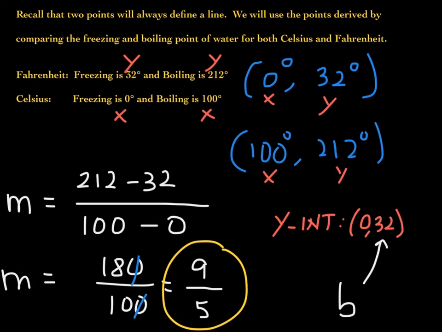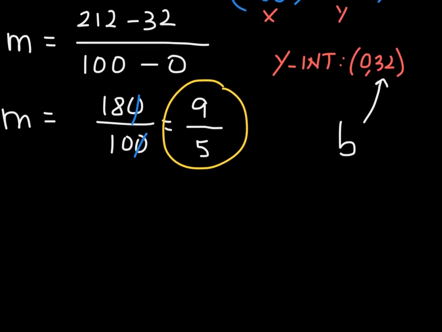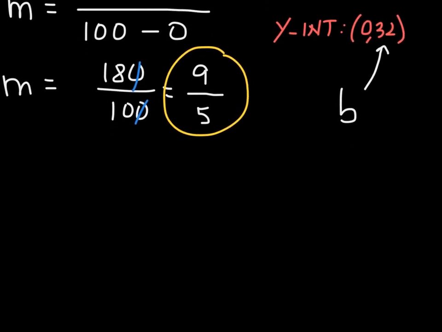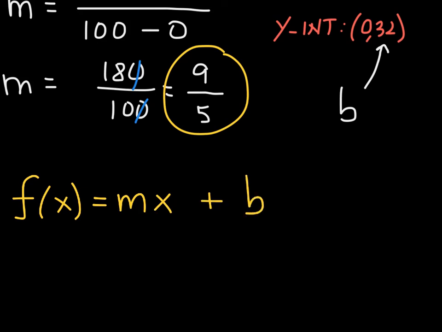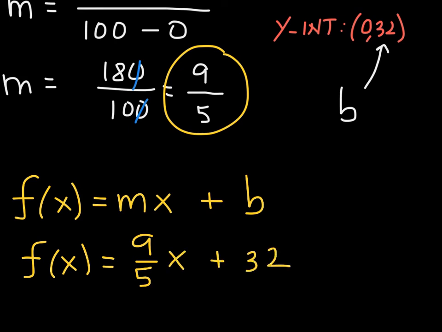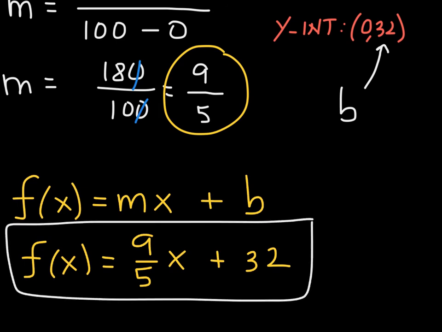Let me move this up a little bit here. So what we have then is a linear function, so f of x, I'll write this down again, is equal to mx plus b, and we have everything we need. The slope is 9/5 times x plus 32. All right. Very good. Now, what did we just do?